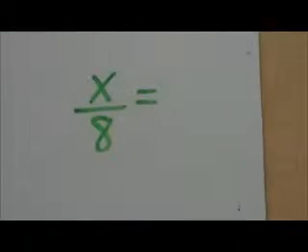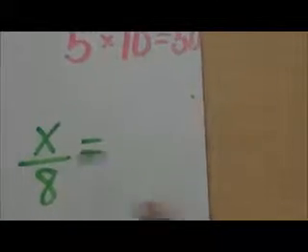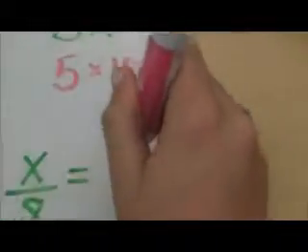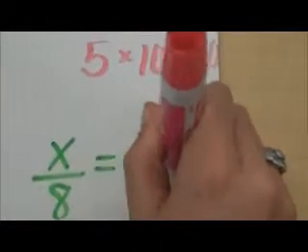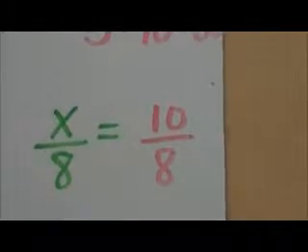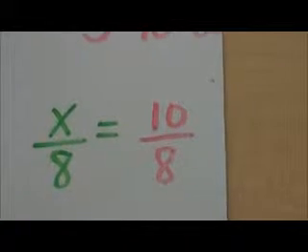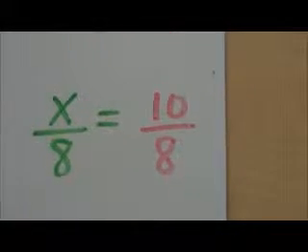And then x over 8, x divided by 8. I know that x equals 10, so 10 divided by 8, or 10 over 8, is actually an improper fraction, thinking back to chapters 3 and 4. Anytime we get an improper fraction, we usually like to change it to a mixed number.